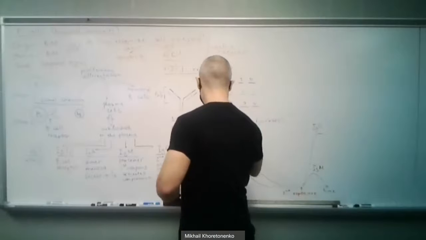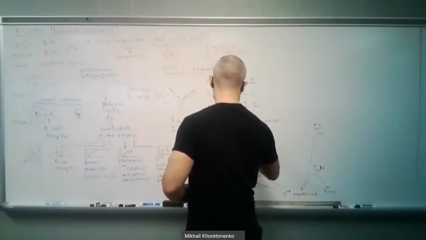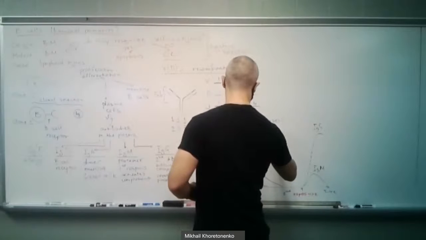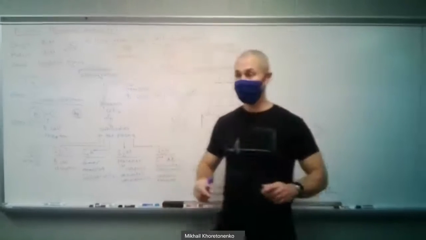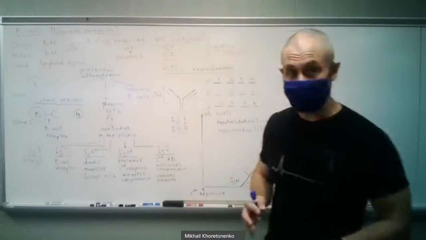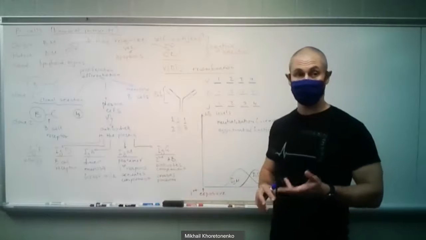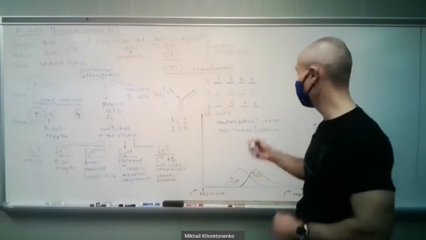Second mechanism is agglutination. Imagine antibodies binding bacterial cells and clumping them together. So they cannot spread, they cannot infect, and for macrophages, it's much easier to destroy those clumped cells.